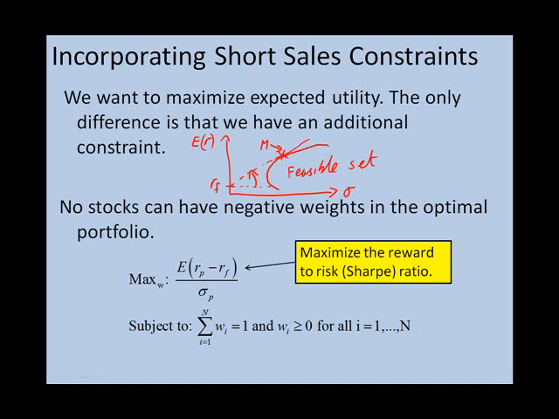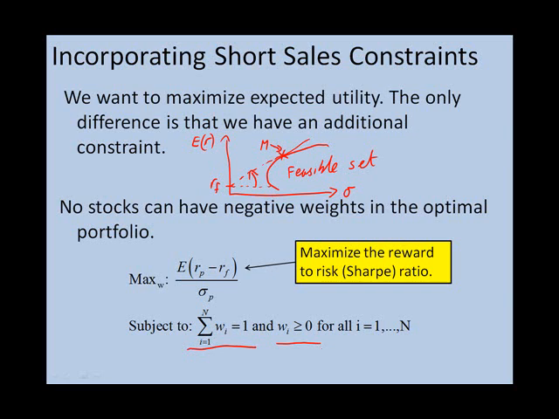What we're going to do now is maximize the slope of that line, which is the reward to risk ratio, or the Sharpe ratio, subject to two constraints. The first constraint is that the weights must add up to 1. The second constraint is that the weights must be greater than or equal to 0 for all stocks.